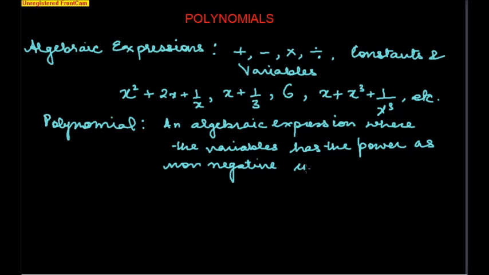What do you understand by this? If the variable has a negative power or a fractional power, then it is not a polynomial. Like x plus 1 by x is not a polynomial.